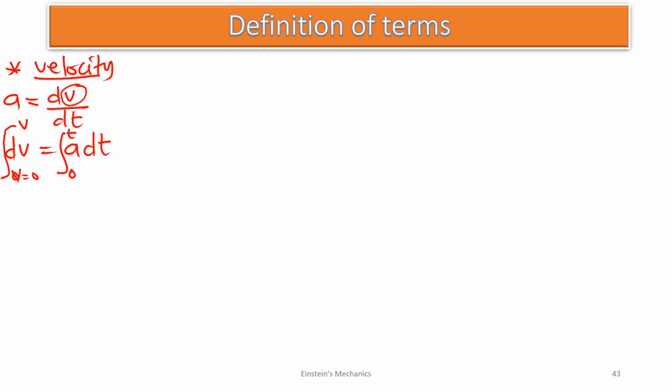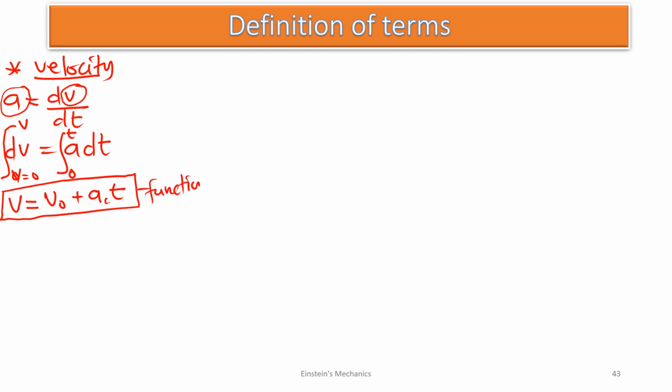When we integrate this, our v, which is the velocity, is going to be v naught plus a t. This is an equation that we are going to get. So in a situation where you are going to get the velocity, they will give you the acceleration function and you integrate to get the velocity function. This is not exactly what you are going to get, but from what we are deducing, this is the function that we are getting. Are we okay?